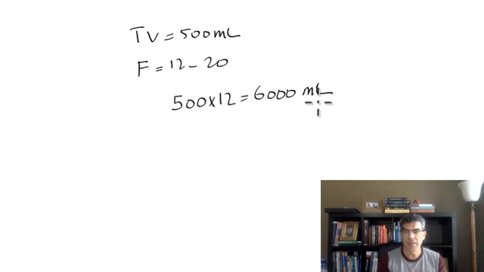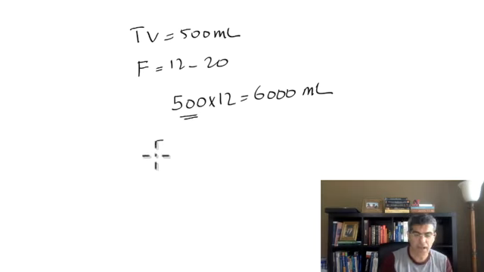I just mentioned a few minutes ago that out of this 500, 150 is going to be dead and is not going to exchange. So what is going to get to your alveolus is not really 500, it's 350. Therefore, alveolar ventilation is 500 minus 150, which is dead space, times 12.